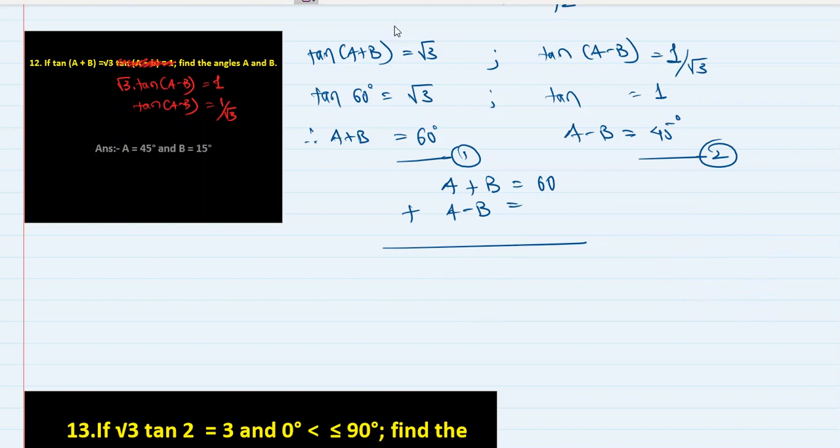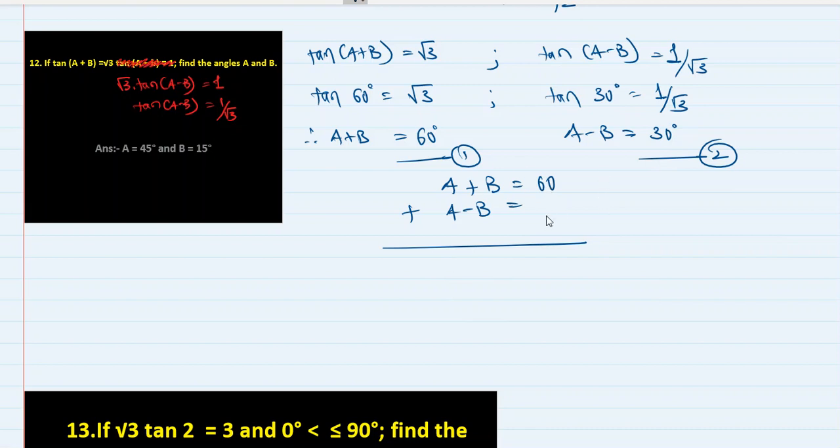See, there is a mistaken question and we have to do everything again. So tan of 30 is 1 by root 3. So A minus B is not 45, it is 30. A plus B is 60. Okay, 45.